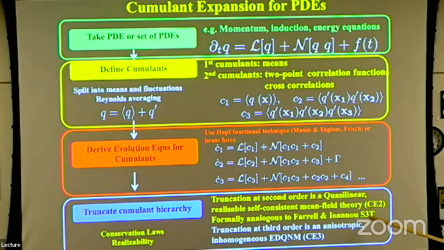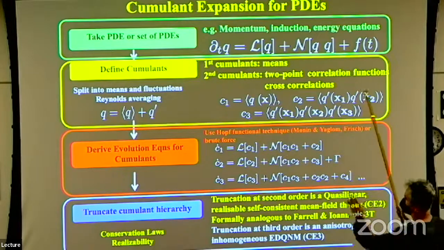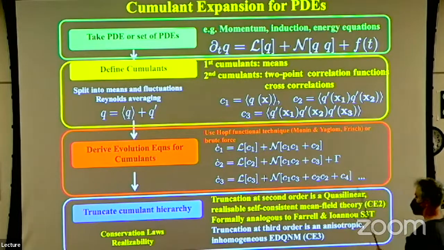For those of you who know about this work, statistical state dynamics, it used to be called stochastic structural stability theory. This is formally analogous to the work of Farrell and Ioannou, who came to these things a completely different way.